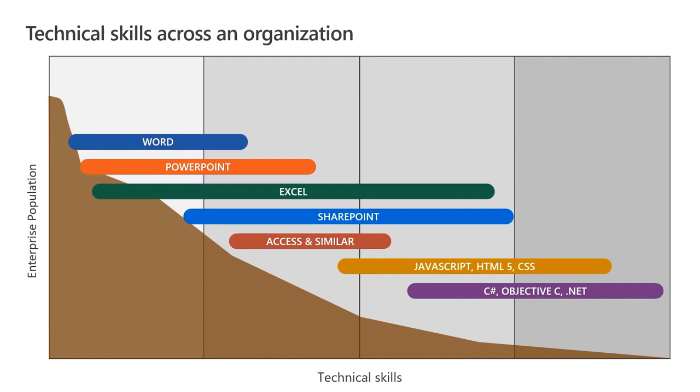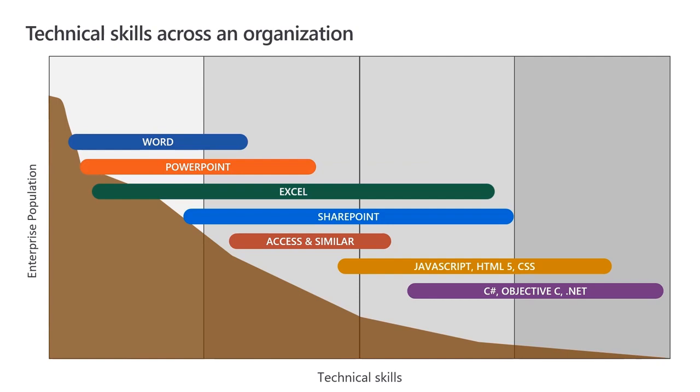When you're looking at a platform to enable digital transformation in your organization, one of the important things to consider is the technical skills that you have across your organization. Now, this varies some from organization to organization, but predominantly you can look at the left-hand side: Word, PowerPoint, Excel, SharePoint, all being the traditional business applications that users use in an organization. And there are a lot of users that do that, as you can see by the trend of the graph of the brown highlighting that there are a lot of those users.